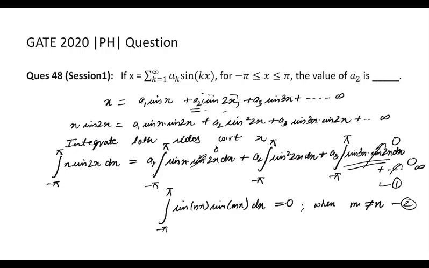So we are left with, on the left hand side, integral of x sine 2x dx, and on the right hand side, a2 times integral of sine square 2x dx. Now we have to solve this integral.